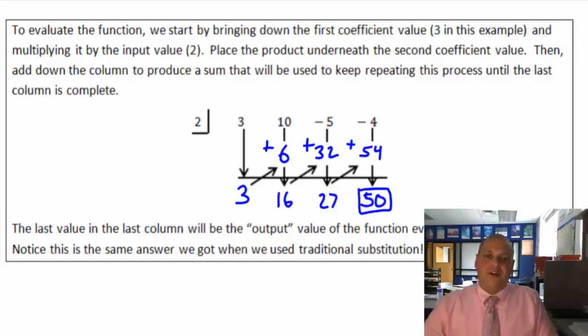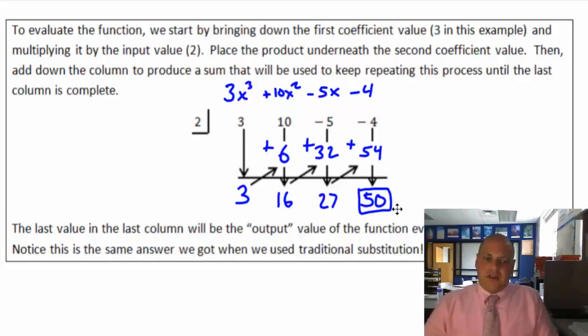That last number is the answer you get if you substitute in to 3x to the third plus 10x squared, minus 5x minus 4. Remember our original function? That was our original function. And we just took the coefficient off each one and did this synthetic substitution. That's what this process is called.